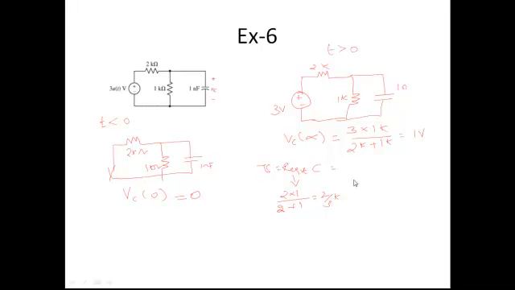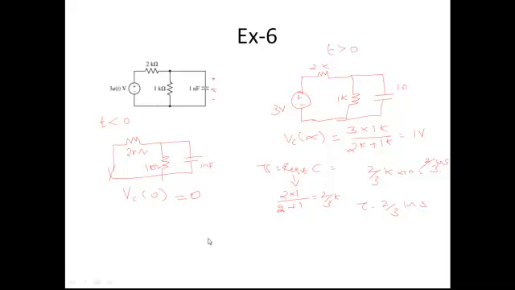And C is 1 nanofarad, so 2 by 3 K into 1 nanofarad gives you 2 by 3 microseconds. So tau is equal to 2 by 3 microseconds.